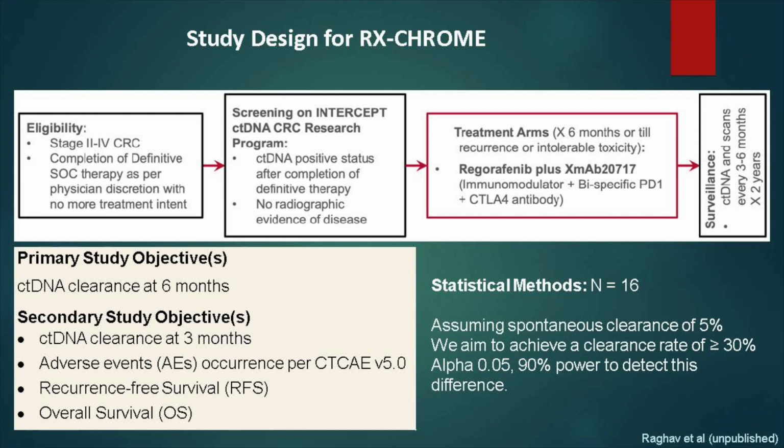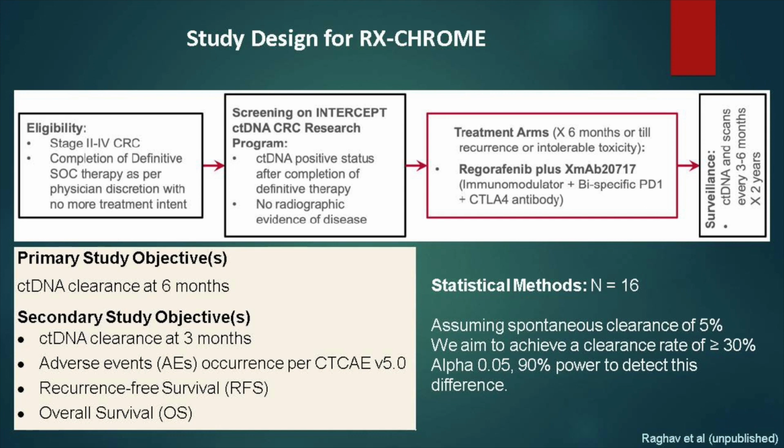enrolls all stage 2 to stage 4 patients who have completed what is defined as standard of care definitive therapy for them as per the treating physician. And despite completing all of that treatment, when you do their ctDNA, it is still positive. If it is positive, this means that they are at a high risk of recurrence, and these are the patients that we are going to target using this strategy.